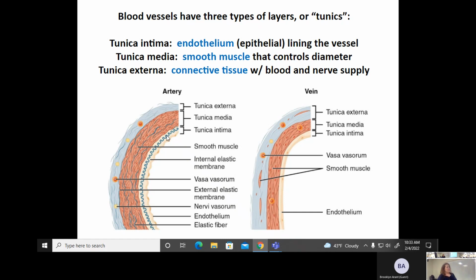Blood vessels have these layers, but the amount that they have depends on what spot the blood vessel is in, let's say. But those are 3 layers. You've got epithelial lining on the inside, muscle layer, and then connective tissue on the outside.